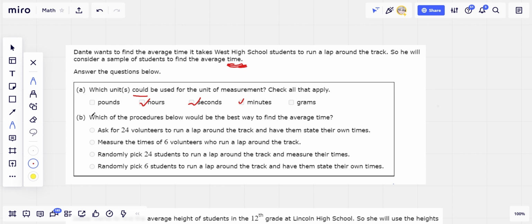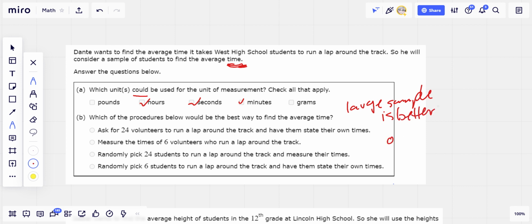B is a little more interesting. It says which of the procedures below would be the best way to find the average time. So there are a couple of things to know here about taking statistical samples like this. A large sample is better. So if you have the choice between a smaller and a larger sample, the larger one is better.